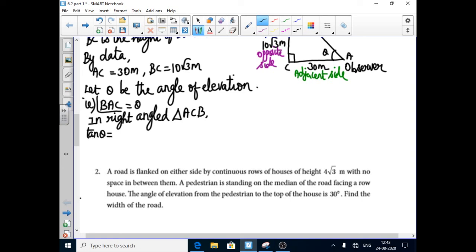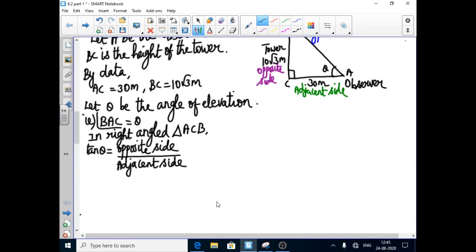according to the definition, we have tan theta equal to opposite side by adjacent side. So tan theta equal to opposite side by adjacent side.